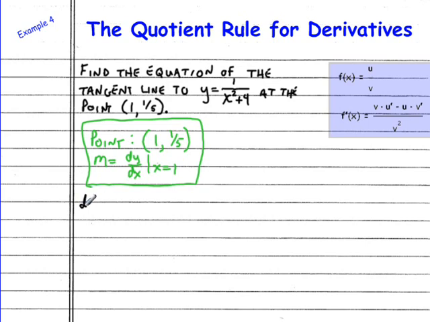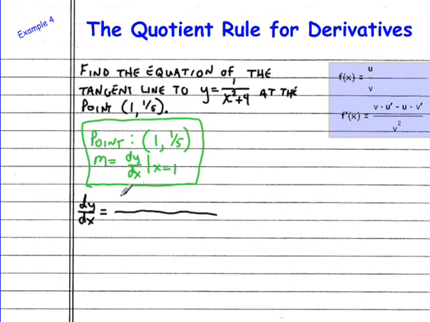So as we look at our function y equal 1 over x squared plus 4, we recognize, as we said, that that is in fact a quotient. And so to use the quotient rule, we'll begin by remembering that we have what? The derivative is the denominator of the original quotient.